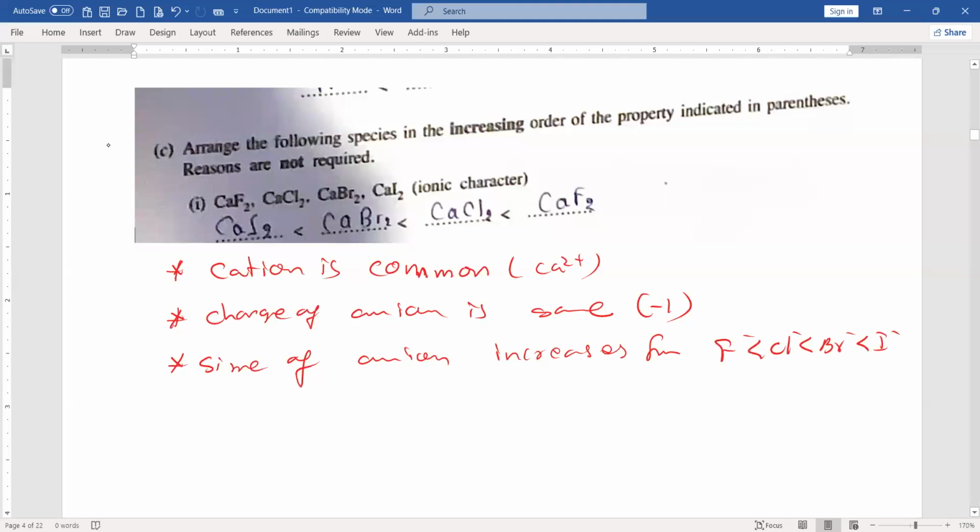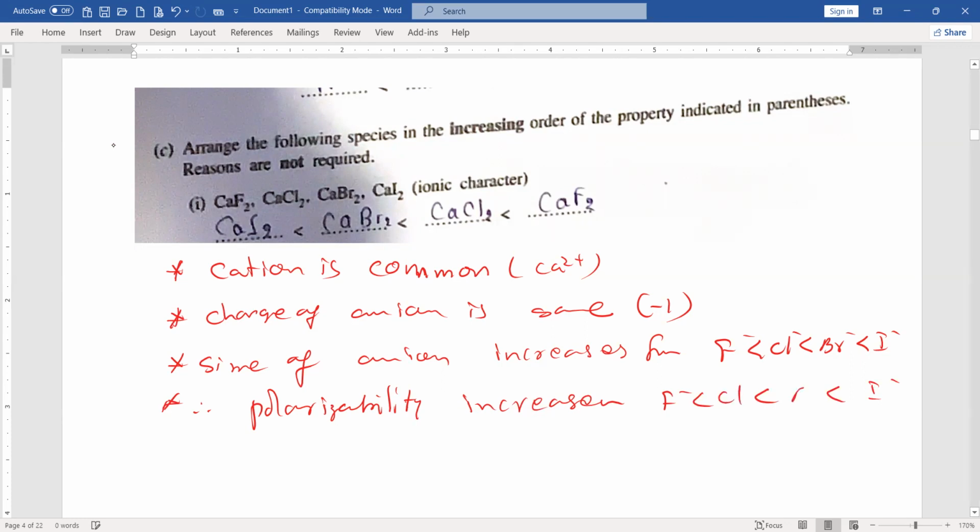Because of the increase in size, what happens? The polarizability increases in the same way, F minus to I minus.